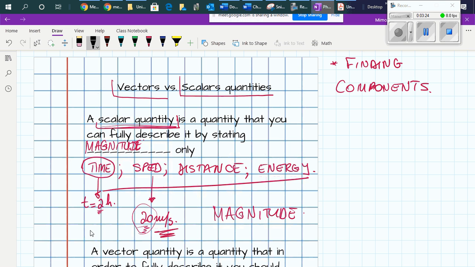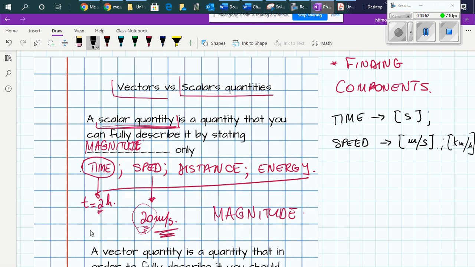Because when we talk about time, time has the units of seconds or hours or minutes on that realm. Speed has the units of meters per second, and those are the international system units, but sometimes we use kilometers per hour.